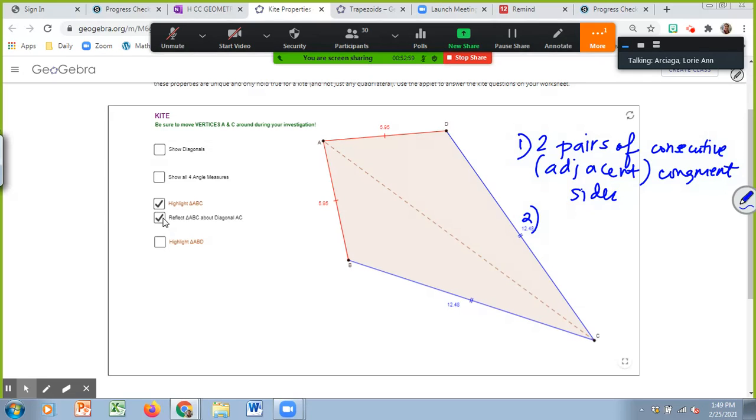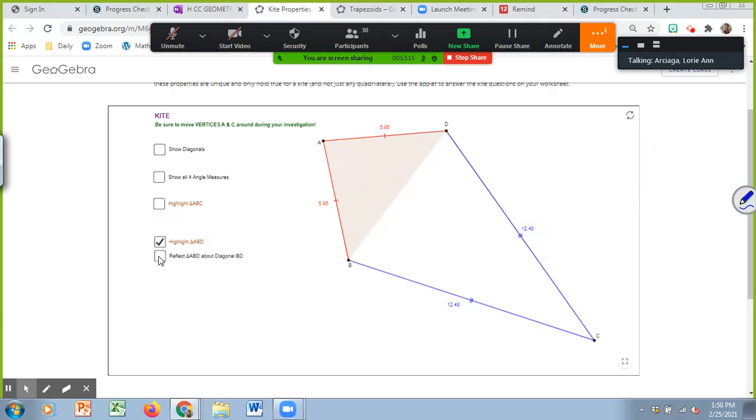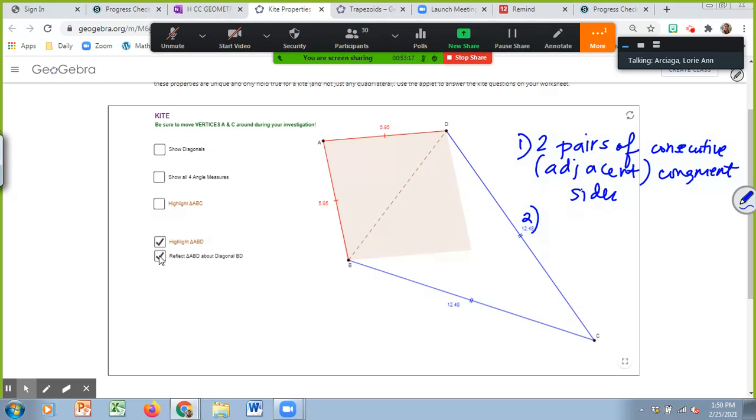Look at that. This diagonal splits the kite into two congruent parts. Does the other diagonal do that? Here's the other diagonal. Since the tail is longer, see what happens. It doesn't fill up the tail entirely.